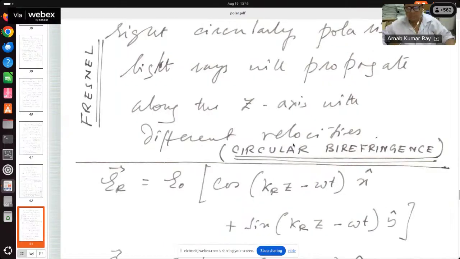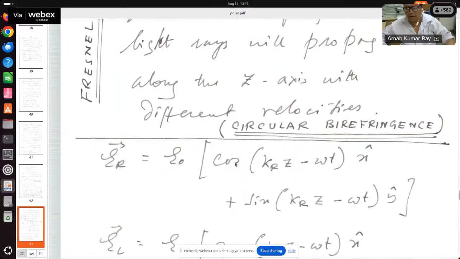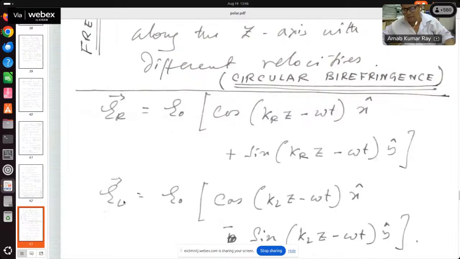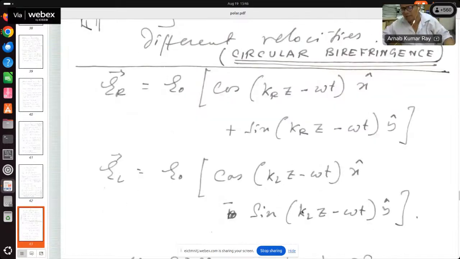So now let us see what we have. E_R is this, and k_R is the wave number for the right polarized light, and E_L is for the left polarized light. k_L is the wave number for the left polarized light. Now let us discuss why we are having separated wave numbers.